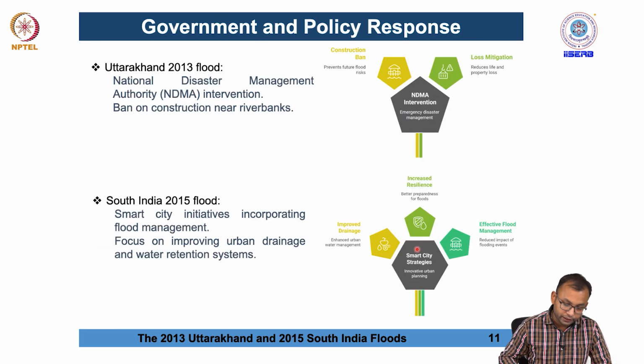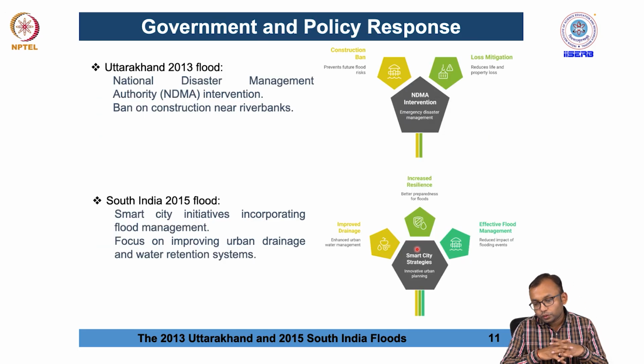So that we can avoid such conditions in future scenarios. These are the case studies we have discussed, because based on these case studies we would be able to understand that similar types of extreme flooding events can occur in different parts of the country as well.